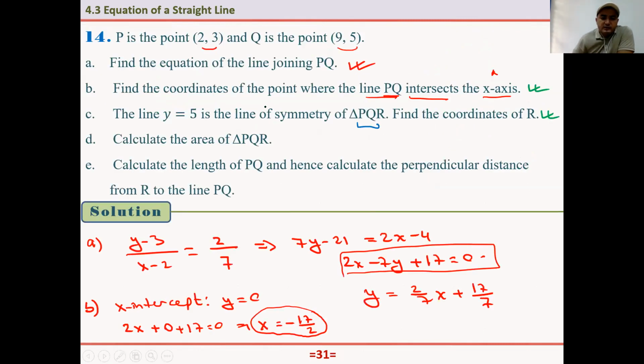Okay, this is done. Now part E, calculate the length of PQ and hence calculate the perpendicular distance from R to the line PQ. First we need to find PQ.